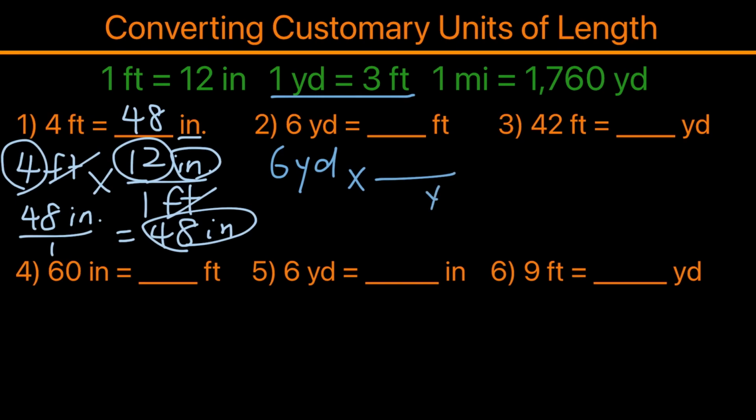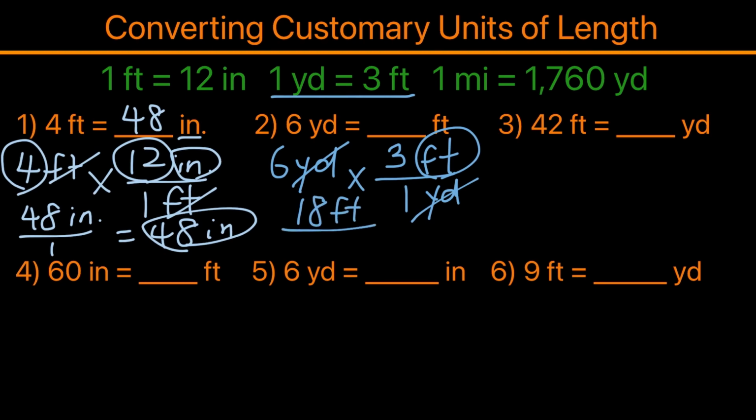So the yard will be on the bottom because we need to cancel all the yard, and the feet will be on top, like so. So 1 yard equals 3 feet. So the yard will cancel out, we'll be left with the feet. 6 times 3, 18 feet over 1. So that equals 18 feet.